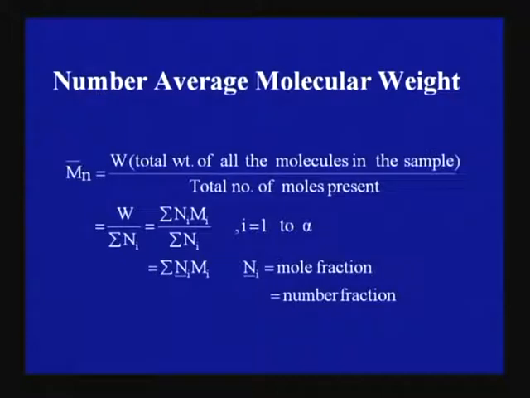So, this relation gives you the number average molecular weight, and here is a parameter known as the mole fraction or number fraction. This is a very simple thing. If we analyze this equation a little, we will understand.